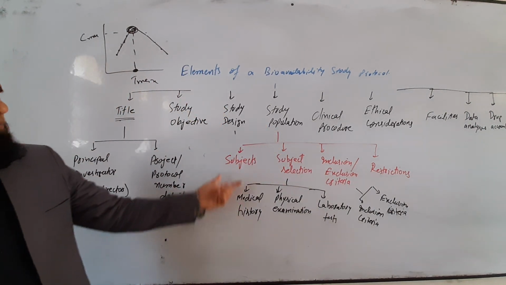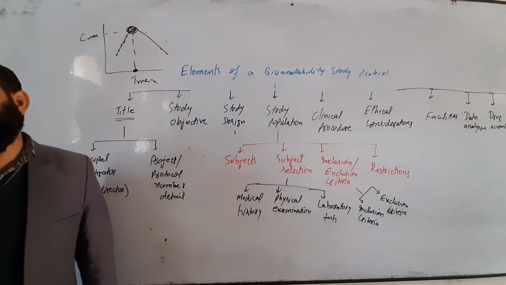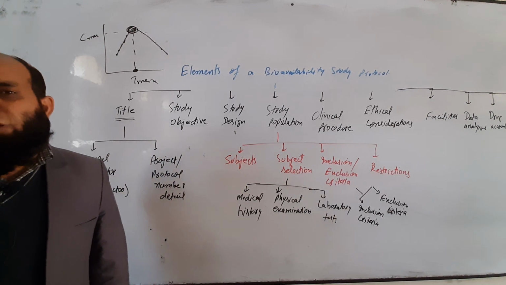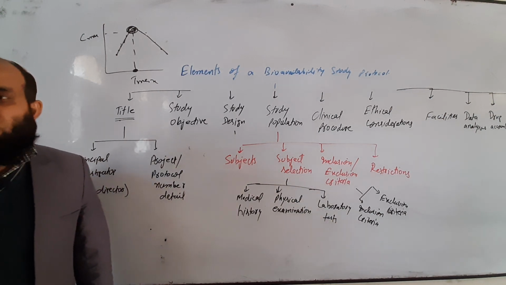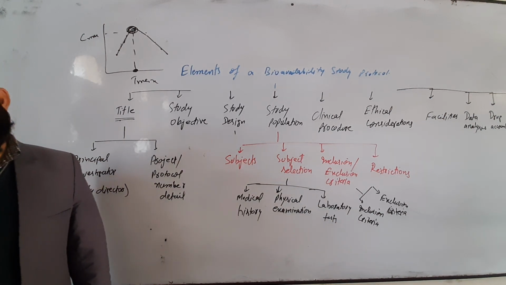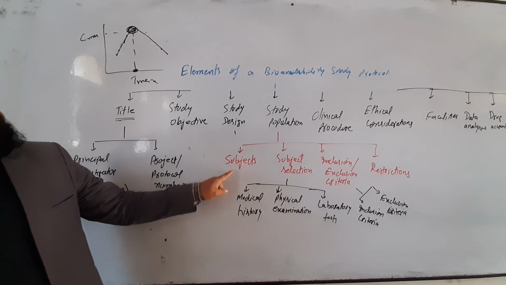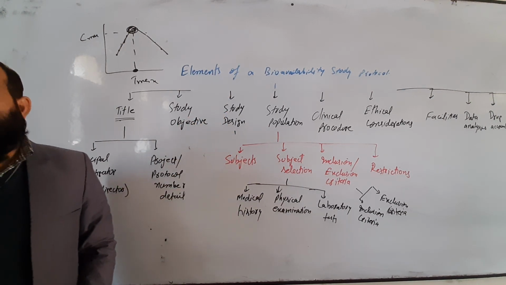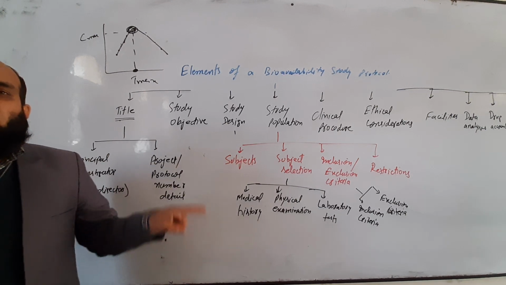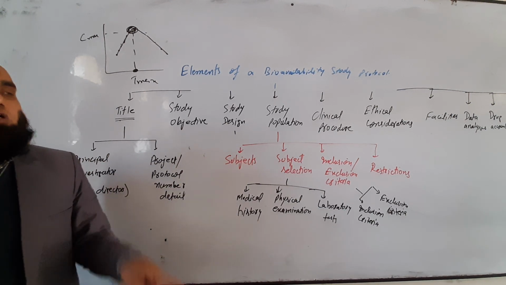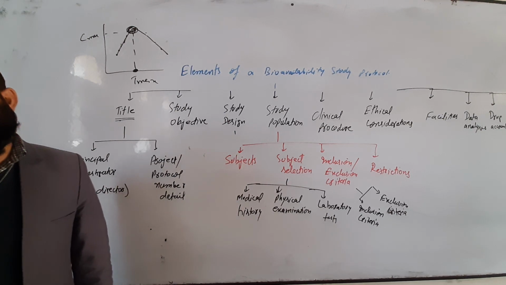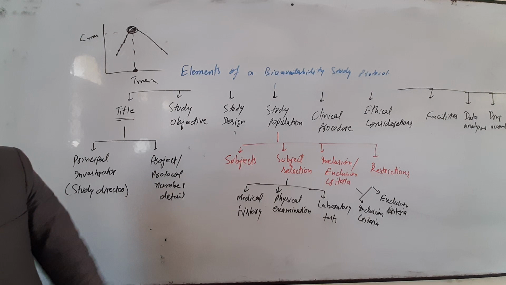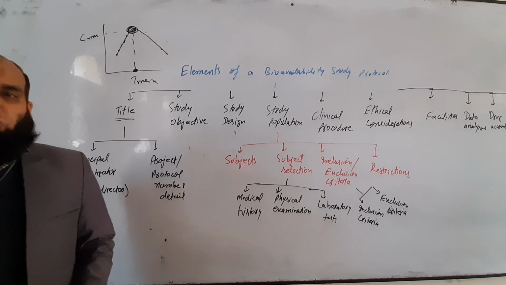Study population means first of all we have to select the subjects. These subjects may be human, may be healthy volunteers or patients. If we are discussing patients, then we use the word clinical pharmacokinetics. And if we are using the word healthy human volunteers, then we are just performing pharmacokinetic studies. In case of subjects, first of all we take the particular population.